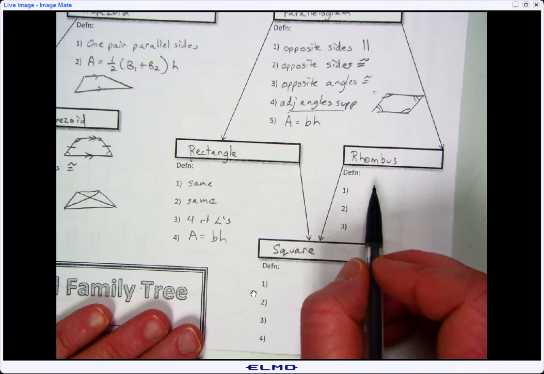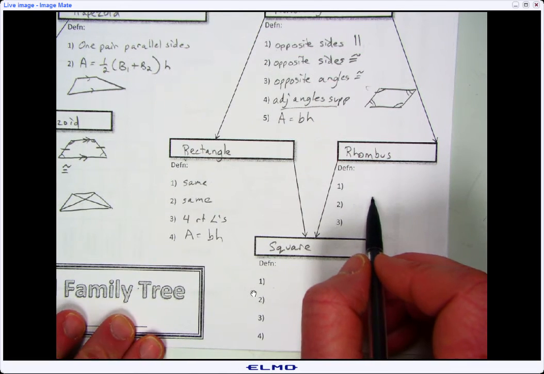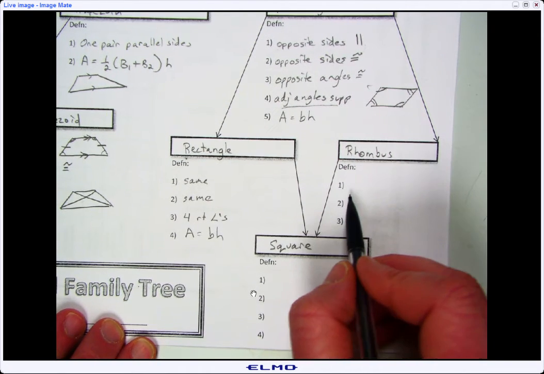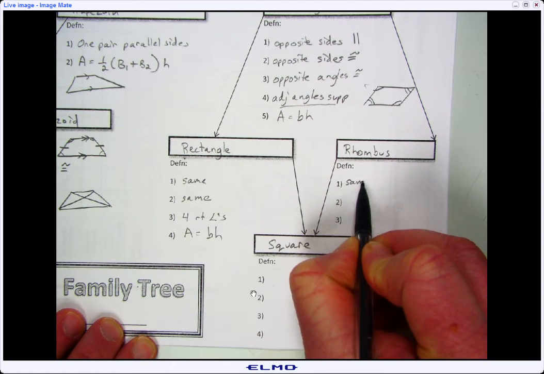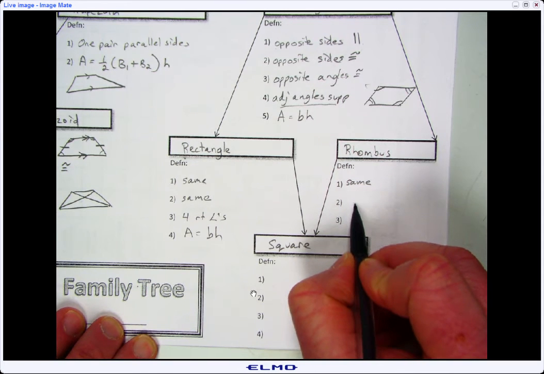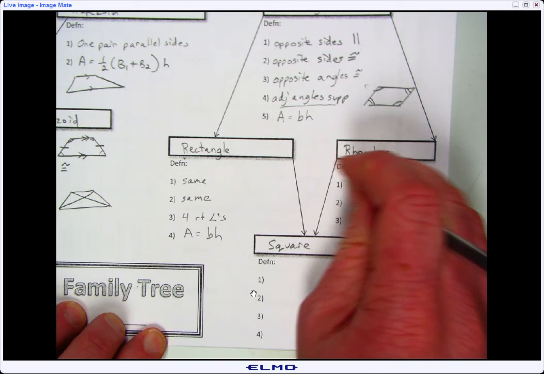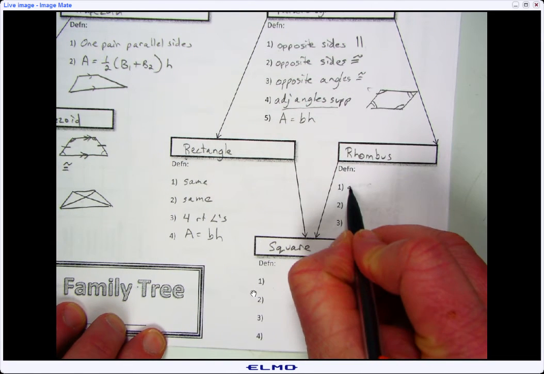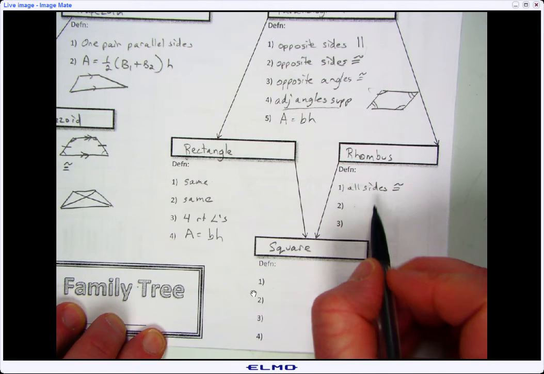A rhombus has 4 equal sides. So opposite sides are parallel. So that part is still the same. Opposite angles are congruent, but all the sides are congruent. Important to note.